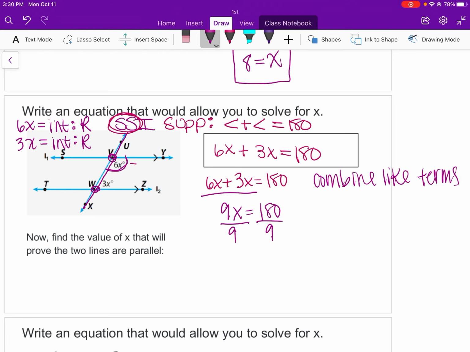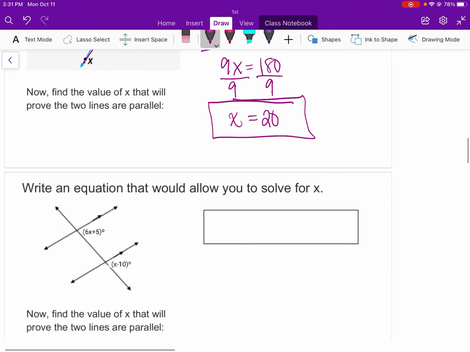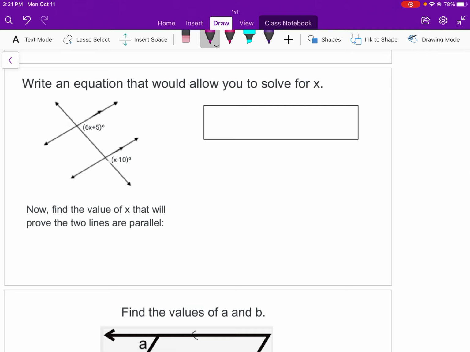Divide by 9. 9 divided by 9 is 1, and 1 times x is x. So x is equal to 20. Okay, so x is equal to 20. All right.